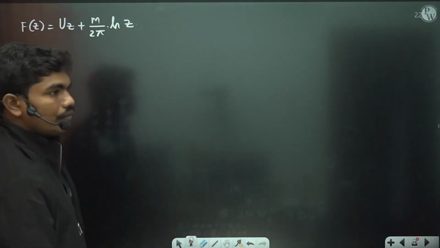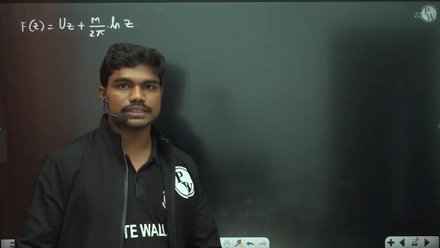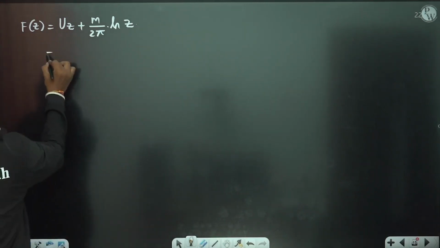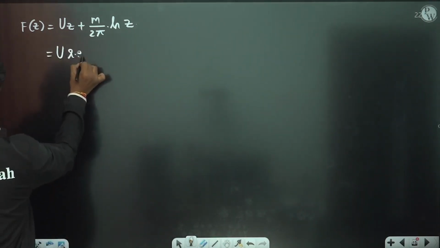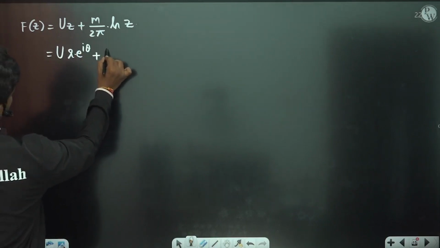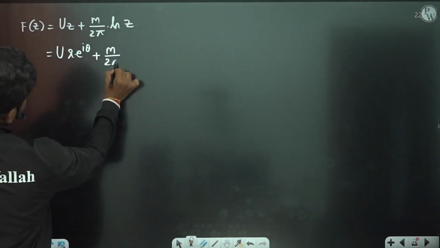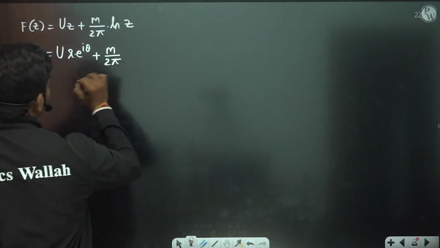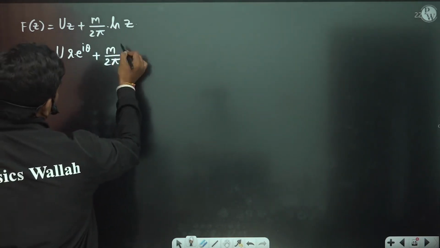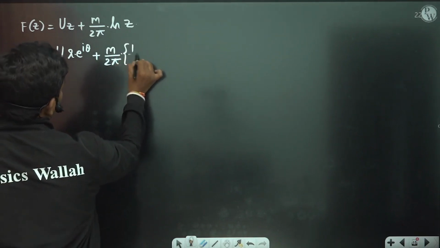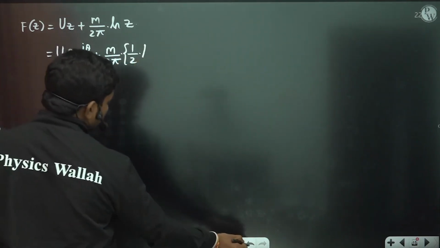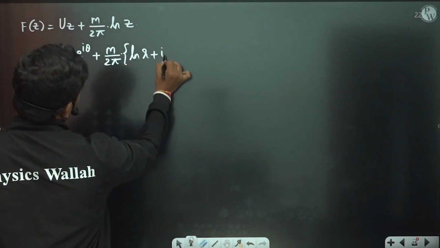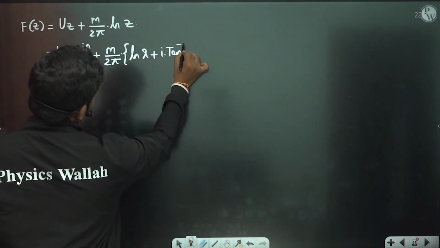Now if you split this into r e power i theta form, for example, then you have U into r e power i theta plus m by 2 pi times of this ln z. Okay, so m by 2 pi ln z can be written as ln r plus i times of tan inverse y by x, correct?